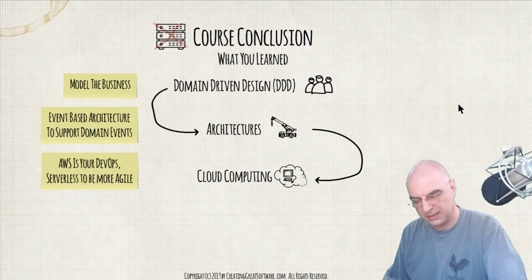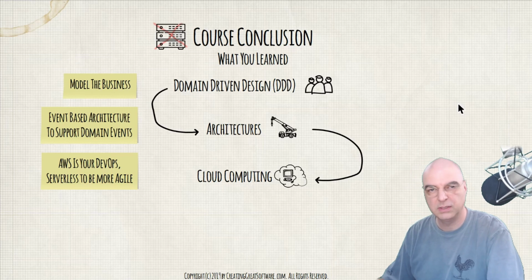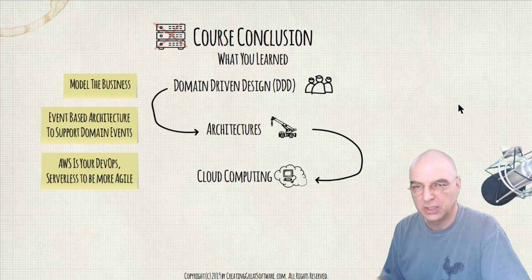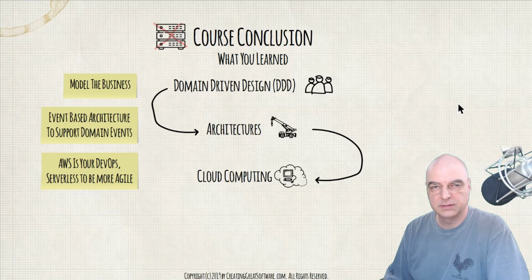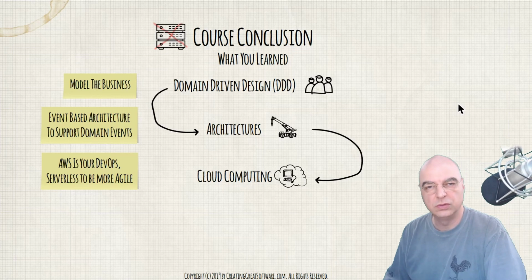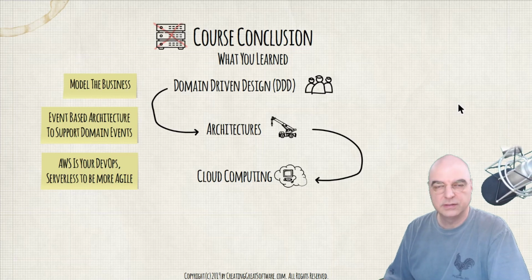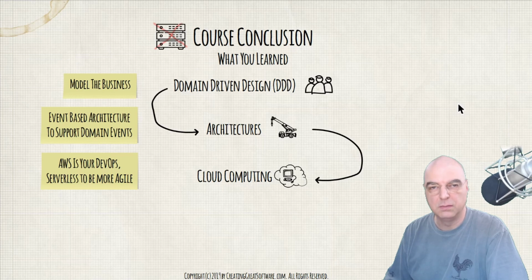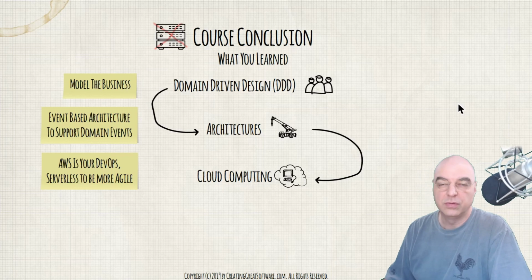There are some exceptions, like I said, about security maybe, and some other reasons, but generally your cloud provider's DevOps is your DevOps. Serverless gives you the capability to be much more agile. You can experiment a lot more, a lot quicker, and with a much lower cost of entry.